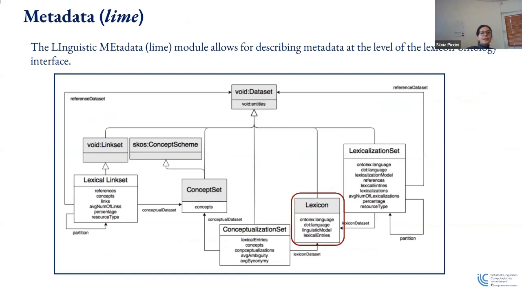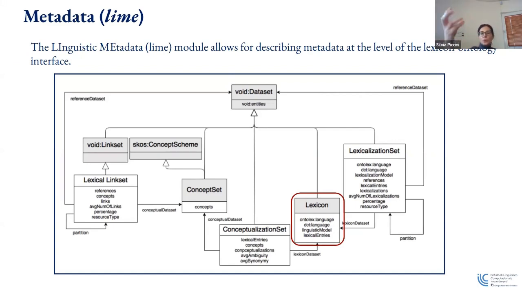And then we have the linguistic metadata module that allows for describing metadata at the level of the lexicon ontology interface. We will use in particular the class lexicon, because, for example, if we have a multilingual lexicon, we have one lexicon for each language.